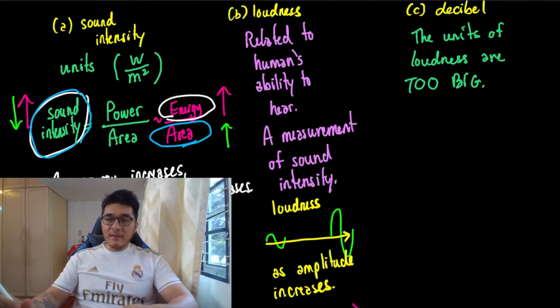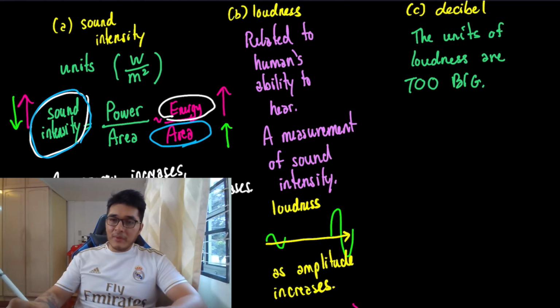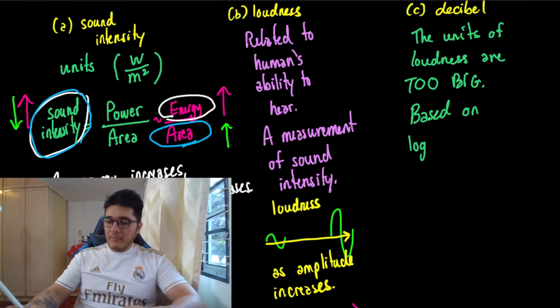So instead, they base a new scale of loudness on the decibel scale, but they use the logarithmic function. In other words, we're going to be using base 10. I'm going to explain this in more detail.